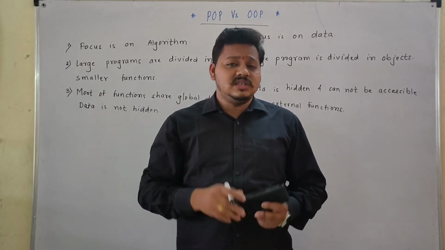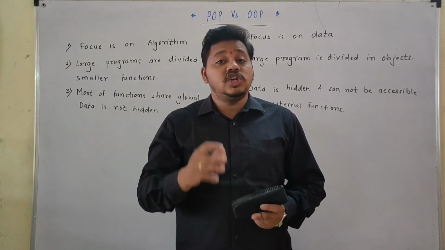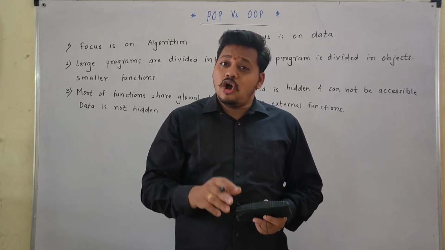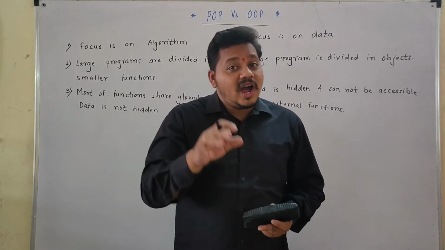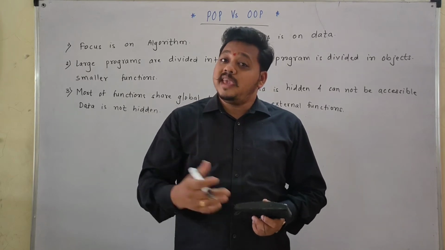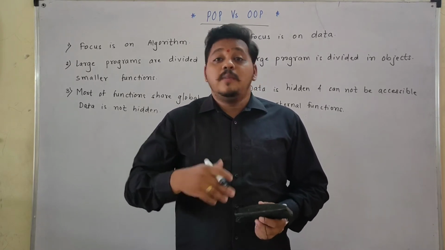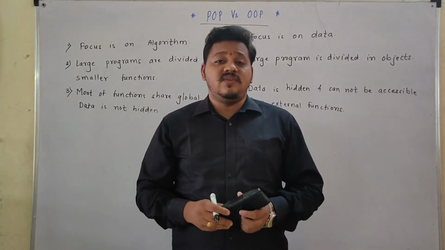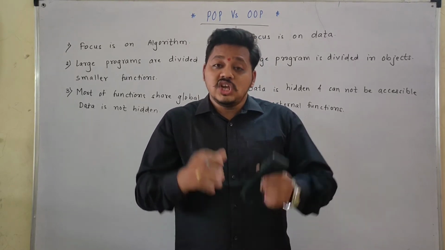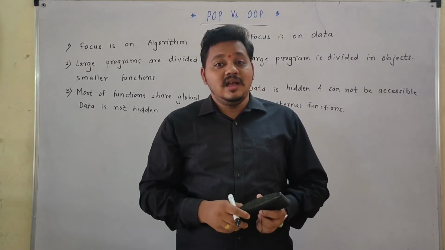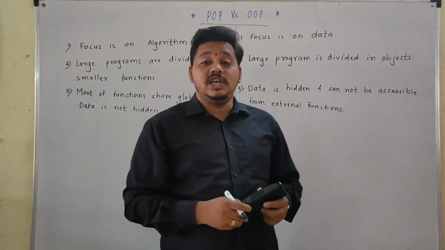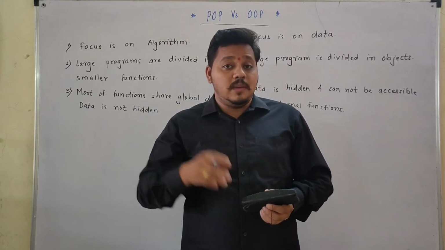So external functions, other functions which are outside the class, cannot use the data. In order to hide this data, we use mechanisms such as private and protected access specifiers, by the use of which we can hide the data. We cannot make the data global. So this is the third advantage of object-oriented programming over procedure-oriented programming.